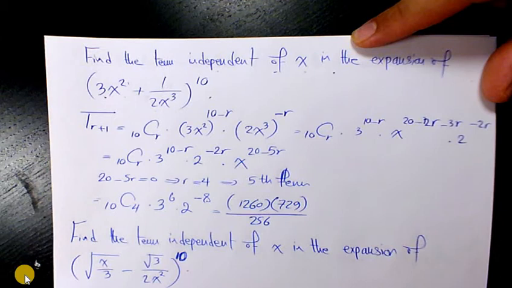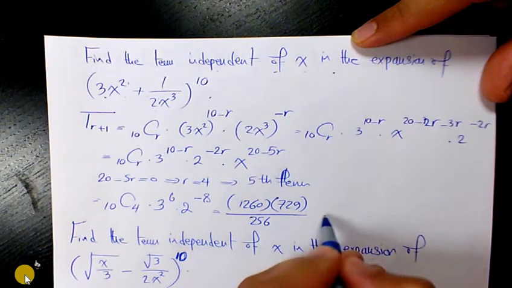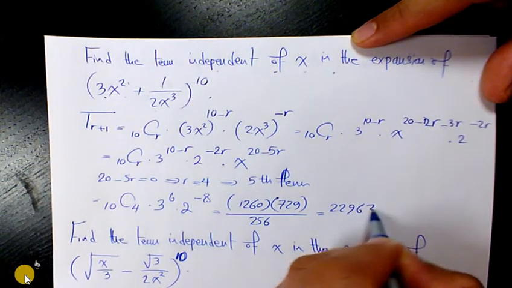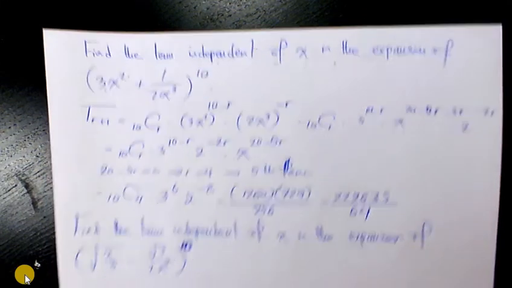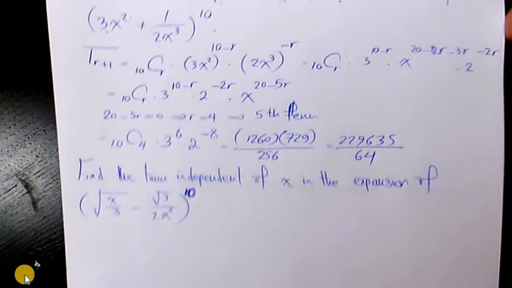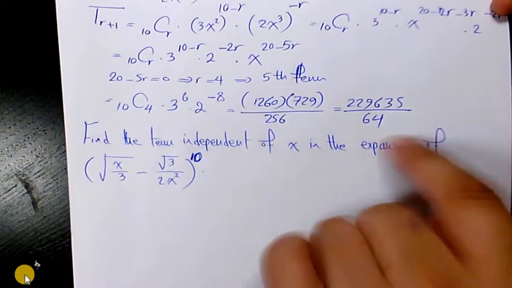Let's see what we get. Okay, that's going to be hard. That's going to be 229,635 divided by 64. That's going to be the simplest fraction.